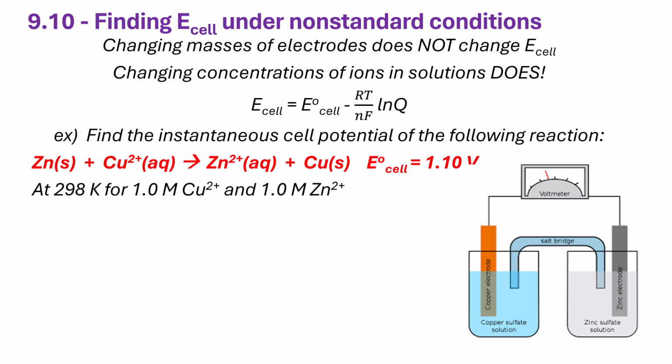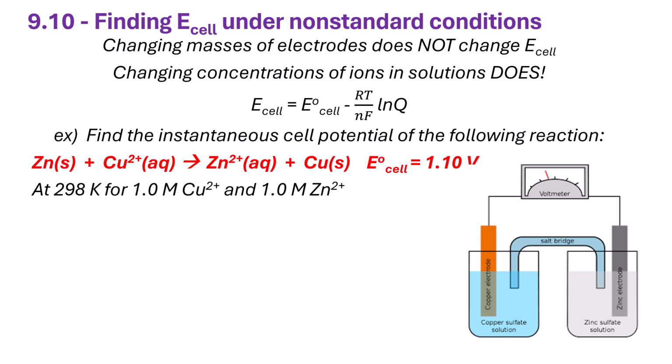So, therefore, sounds like our standard cell potential would work for our answer, and it does. In other words, the instantaneous cell potential, which is this guy on the left, is equal to the standard cell potential because we're under standard conditions. So why?